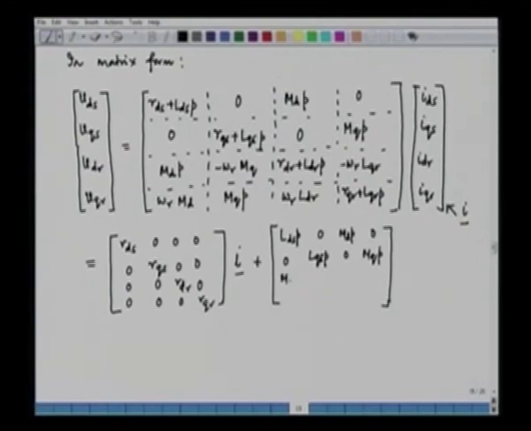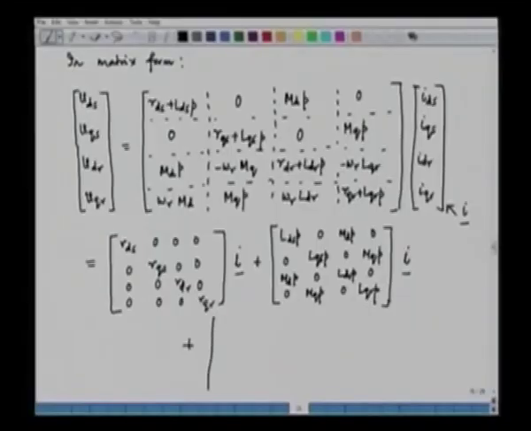Then we have MDP 0, LDRP 0, 0, MQP 0, LQRP. This again is multiplied with the current vector, that is I. I is a vector which has the elements IDS, IQS, IDR, and IQR.